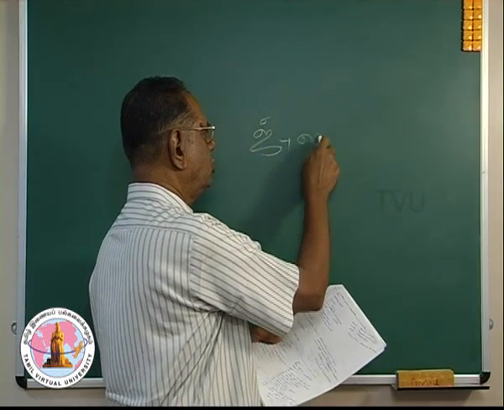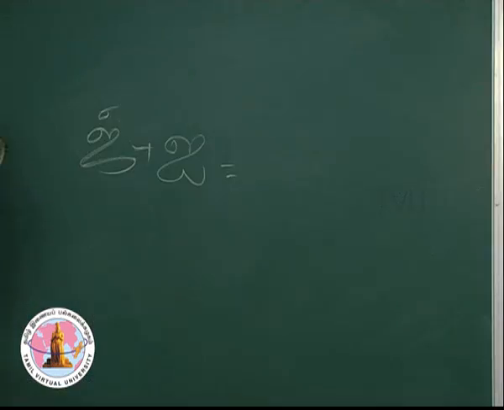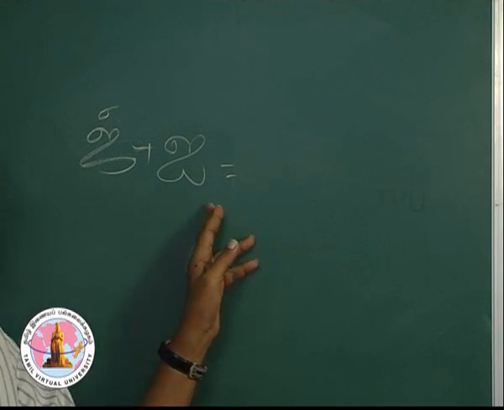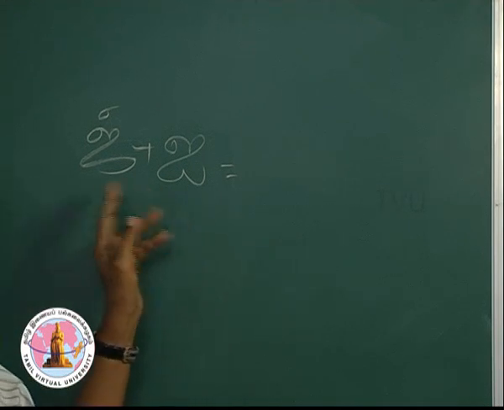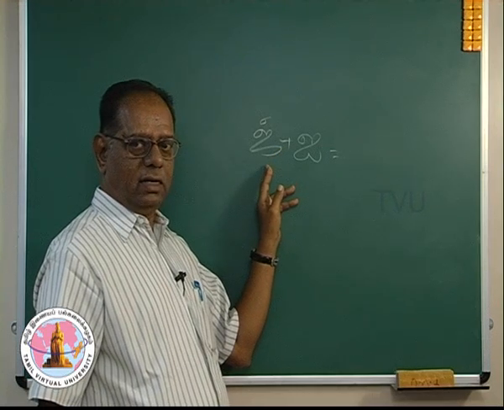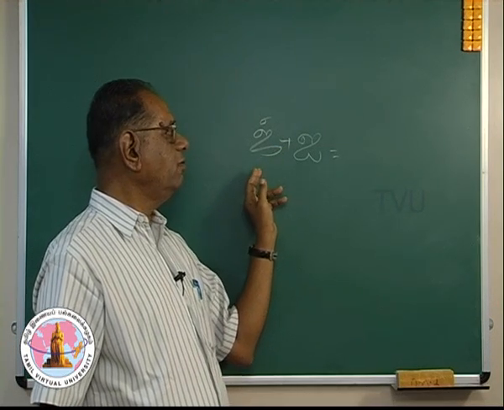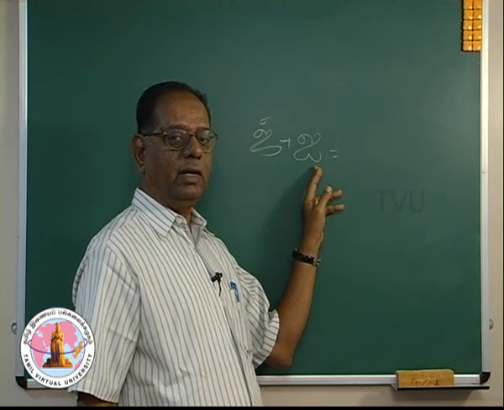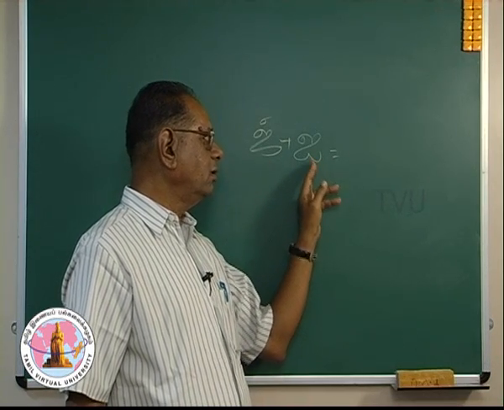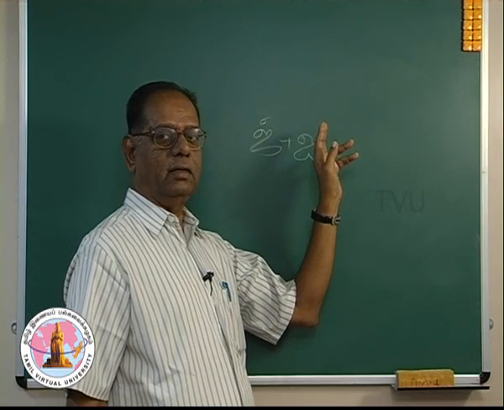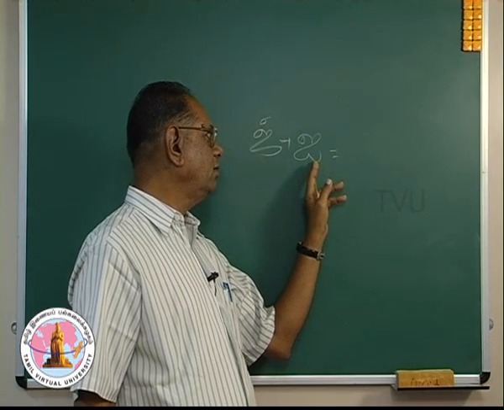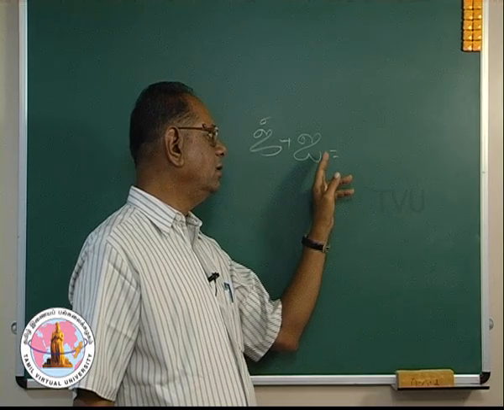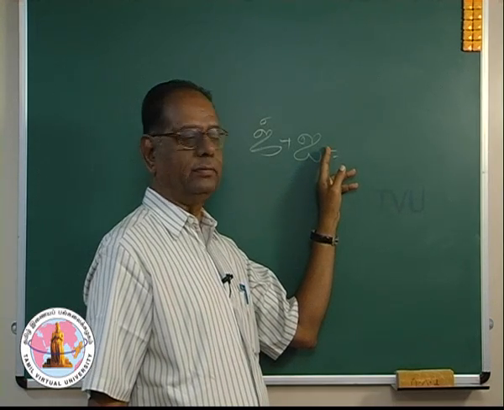With which I join I. See the difference? I have put them together. This is ja with a curve inward. This is I, the original Tamil letter, with the curve outside or curving it from the lower end to the upper end.